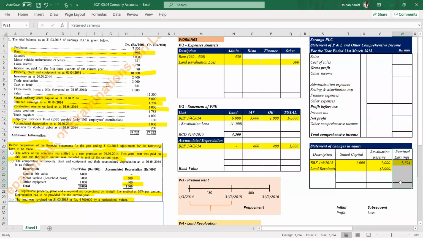Right? You know that when you purchase a land, value always appreciates. Let's say, 10 years ago you purchased the land for 1 million, but the current value is not 1 million. It may be 5 million. So that additional profit we can recognize in the accounts. So that is revaluation reserve. Right? General reserve is a profit.